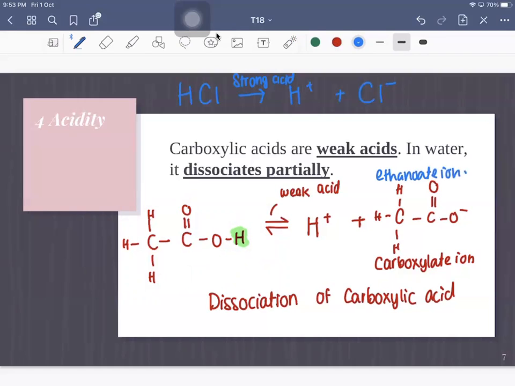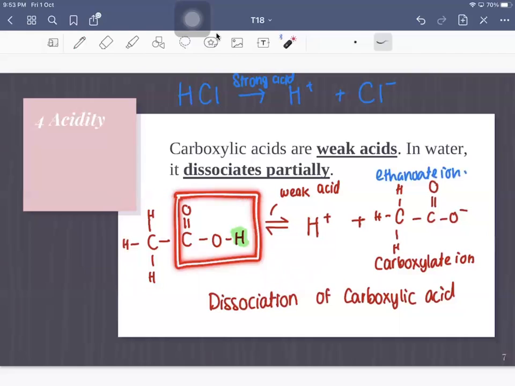Depending on what is attached here or how long your chain is, it doesn't matter, because we're only interested in the COOH part of the molecule. And frankly speaking, it's just the hydrogen being lost as H plus. So this is how carboxylic acids behave as an acid. This is important because you will need this later when we look at the reactions of carboxylic acids. If you want to copy this down, you may pause the video now.